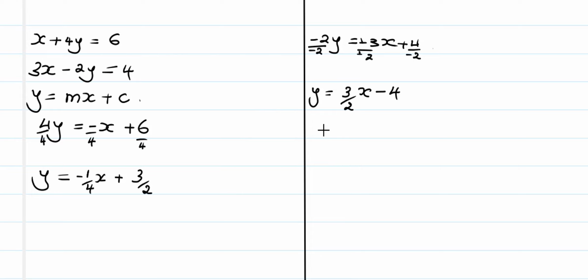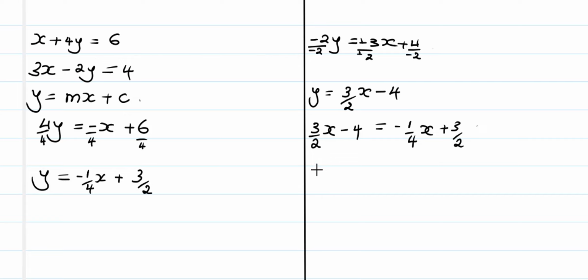So the next step is to equate them and say these values are equal, because we have y and y. So it will be 3 over 2x minus 4 is equal to negative 1 over 4x plus 3 over 2. Then from there, I can collect like terms together.